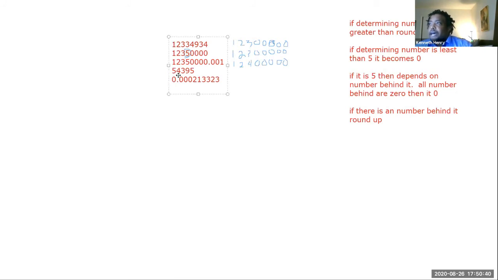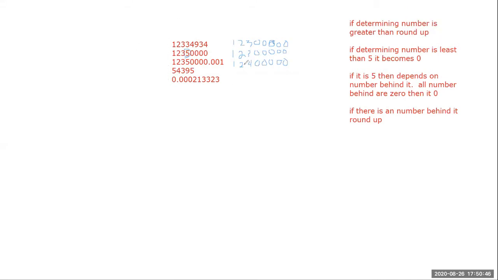Okay, so what about this number, the next one? 3 sig figs. 54,400. 54,000? No. Yeah, 54,400. Okay, I just want to be sure. Okay, and what about the last number?